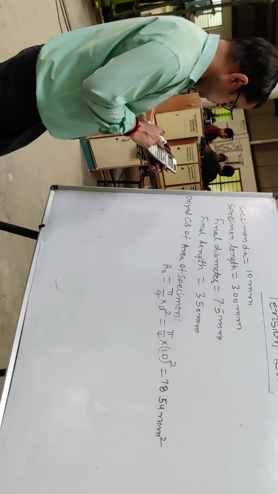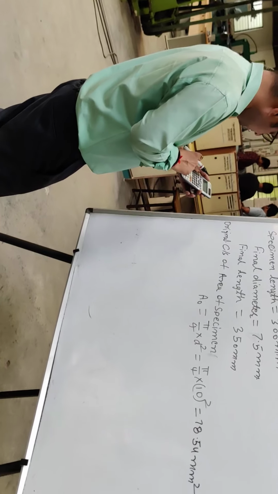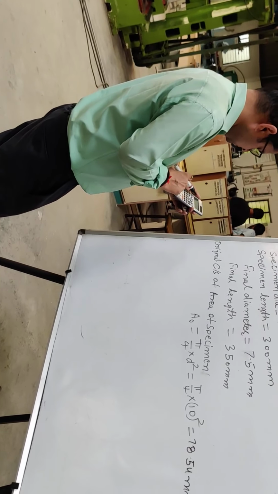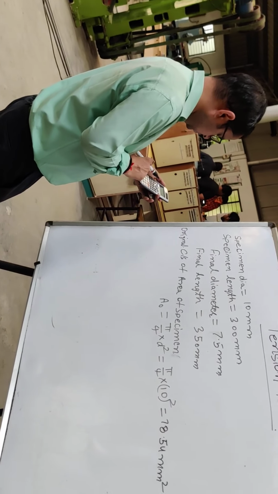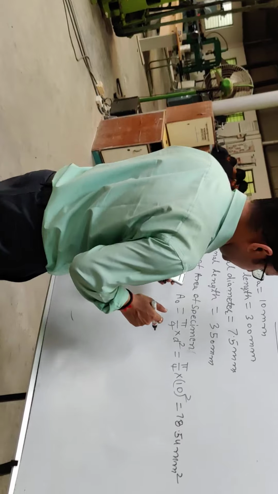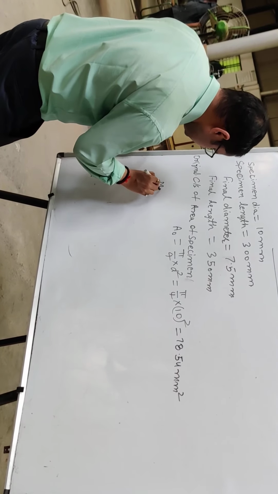Next, what is the final load? So final load, the maximum load, is 37.5 plus 20 into 0.25, that is 38 kilonewton, maximum load.